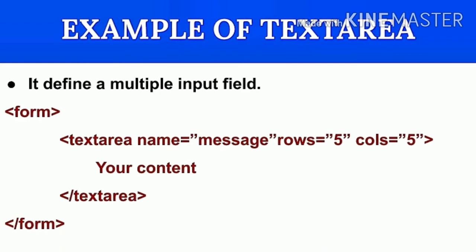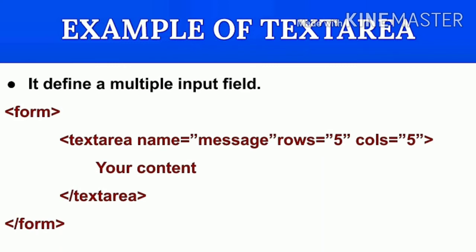Remember that in the input type text we can write text in limited alphabets, but if you want to give a long message with a lot of words, then you can use the text area. As you can see, I define the form pair tag, and in the form I use a text area, and the name of the text area is message, and I define the rows and columns of the message box.